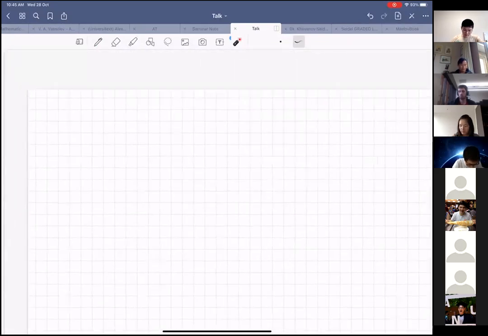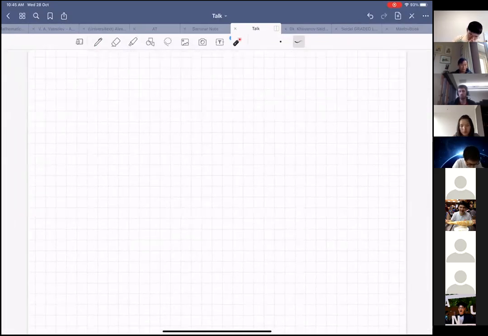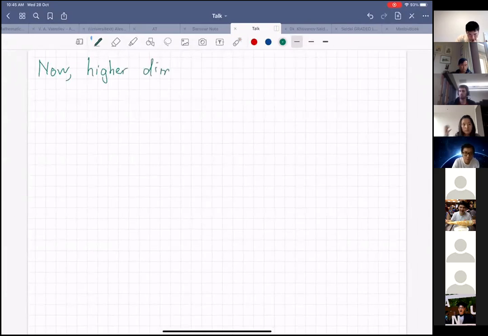In the symplectic geometry story, we are moving into a higher dimensional case, or you can see it as some Riemann surface. That's why we have symplectic here.